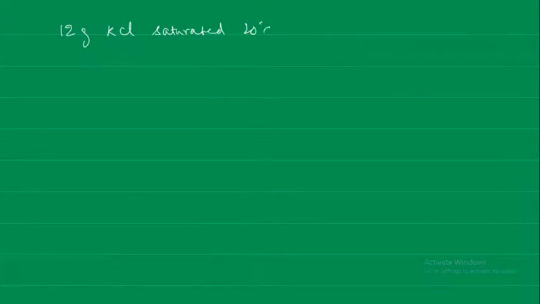It is evaporated and it leaves a solid residue of 3 grams, so 3 grams of solute remains after heating. The question is, what is the solubility of the potassium chloride?